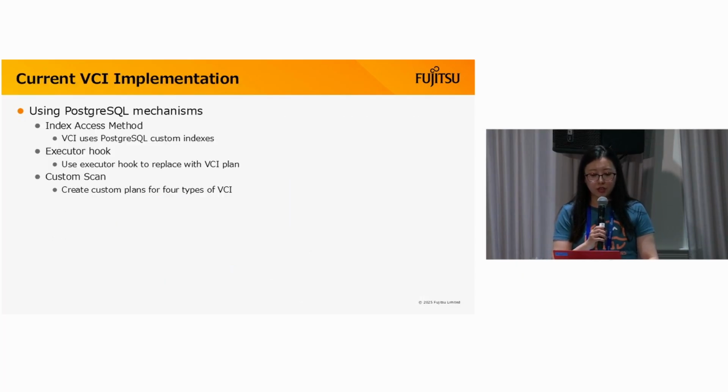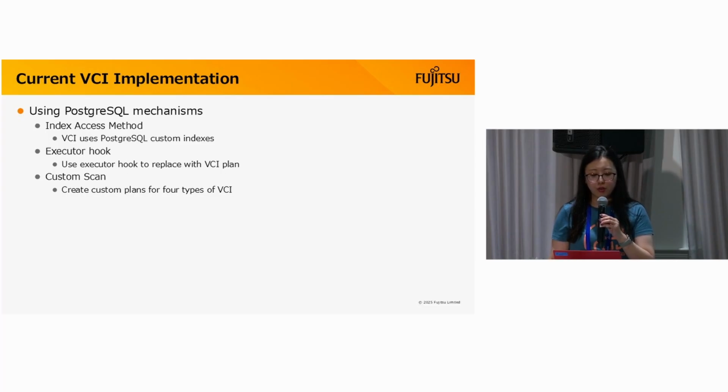Now, let's talk about the current implementation of VCI. VCI is implemented using the index access method. The index access method is used to perform necessary operations on the ROS and WOS of the VCI at the time of insert, update, and delete.